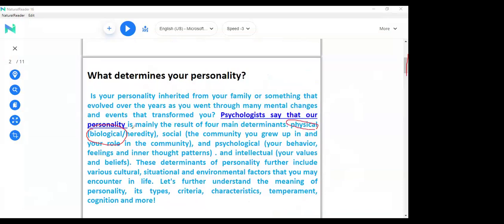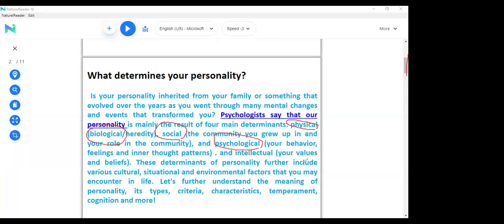That one is not necessarily difficult, but we can also use heredity. Second, the social. The third one, psychological. Now you have three topics, three determinants.